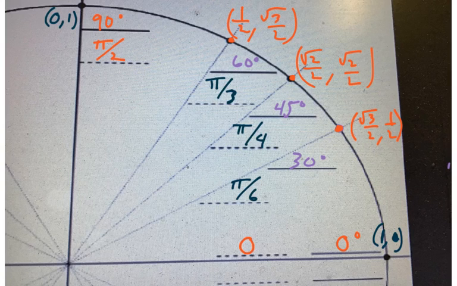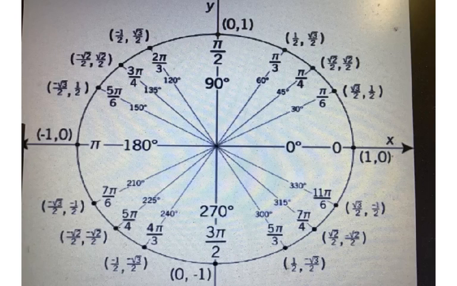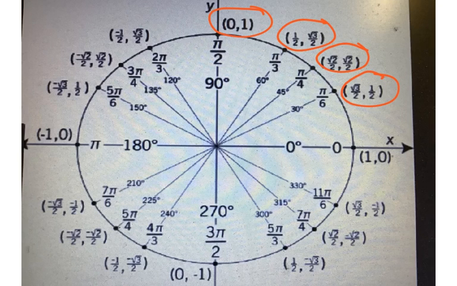And if you don't trust me, let's compare that to the completed unit circle. Right here, notice these are exactly the same values I got, including 0, 1, and 1, 0. Okay?